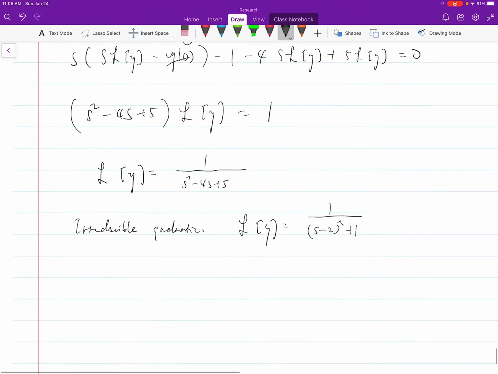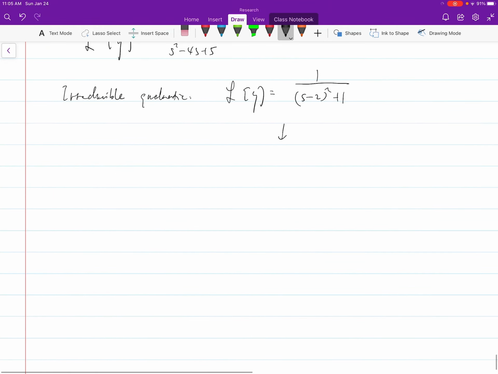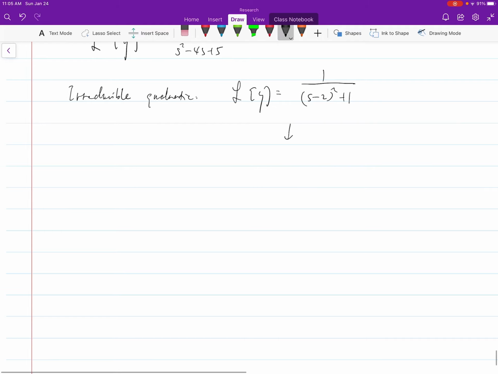What do we wish? We wish this is going to be that. Then we know this one goes to sine omega t. But this one does not have it. What this one does have is an s minus 2 squared. So everything here is you replace the s by s minus 2.